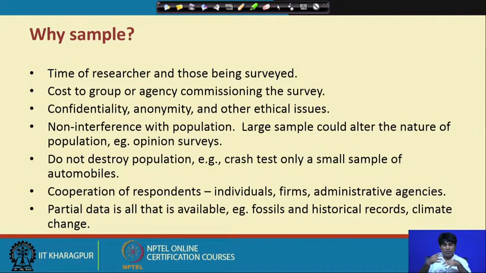Of course, it is not a constant process, it is a dynamic process. Every time something is wrong, we can change the structure, pick the correct samples, and then go for the analysis.